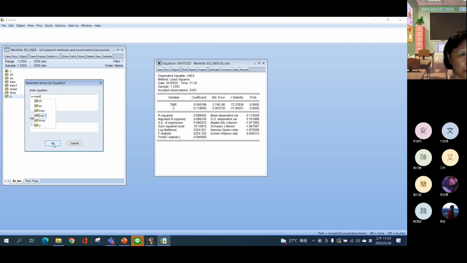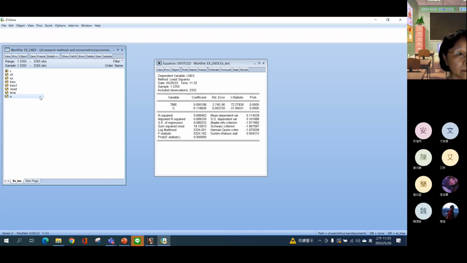This is equal to the residuals. These residuals are from the latest regression I ran. So I'm using U equal to these residuals, which I have already done, but I just did it again. This variable U has already had the trend removed.